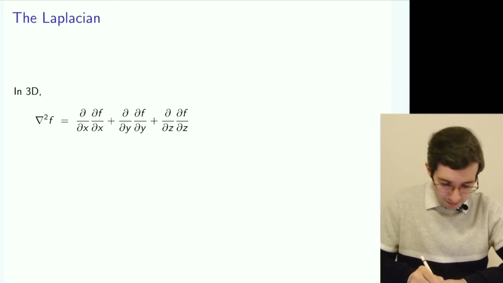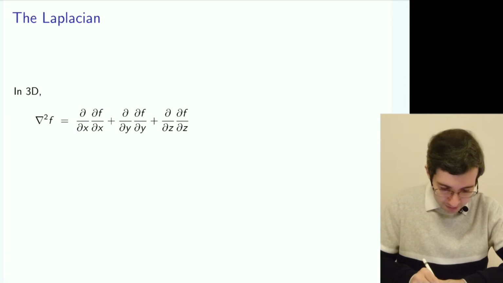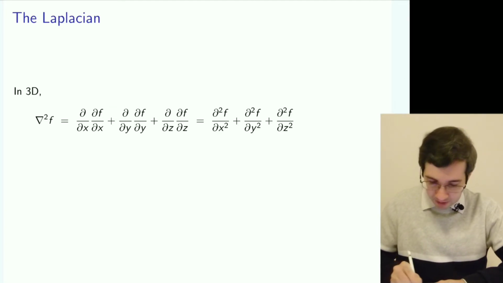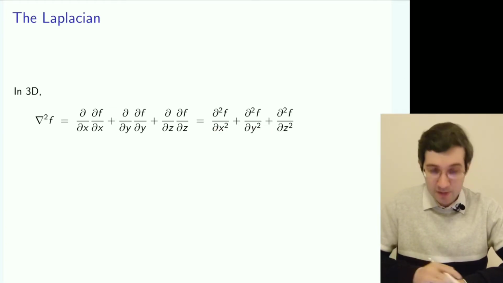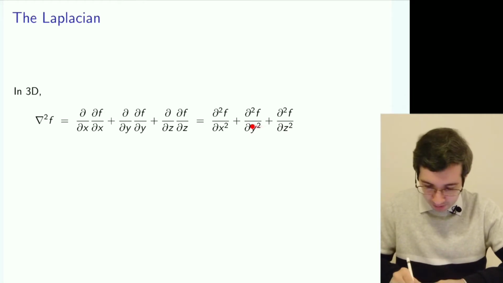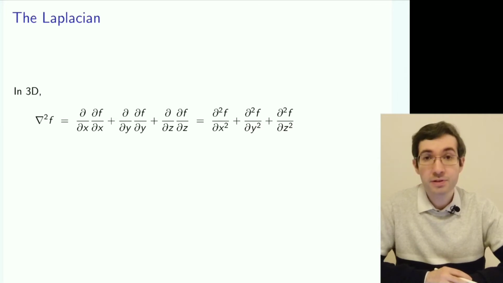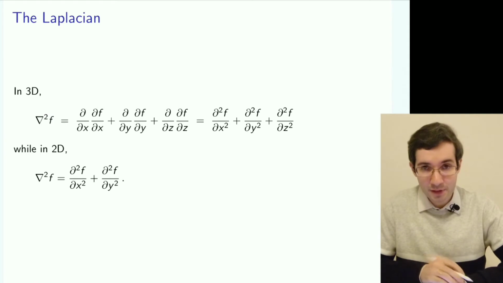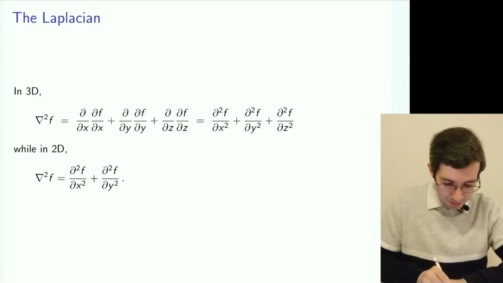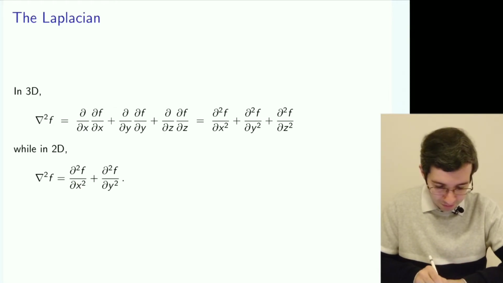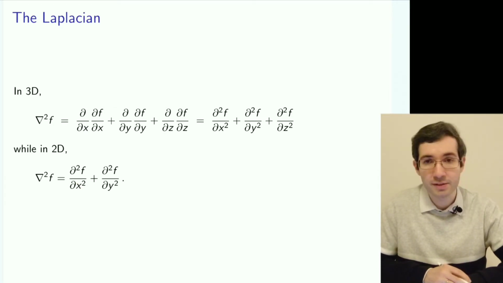Take the first component, differentiate, take the second component, differentiate, take the third component, differentiate, and if you simplify, you will get a sum of second order derivatives, not the first. And that is why this operator is called a second order differential operator. And in 2D, things are slightly simpler because we have only 2 components, and therefore you have only 2 terms, x and y related derivatives.